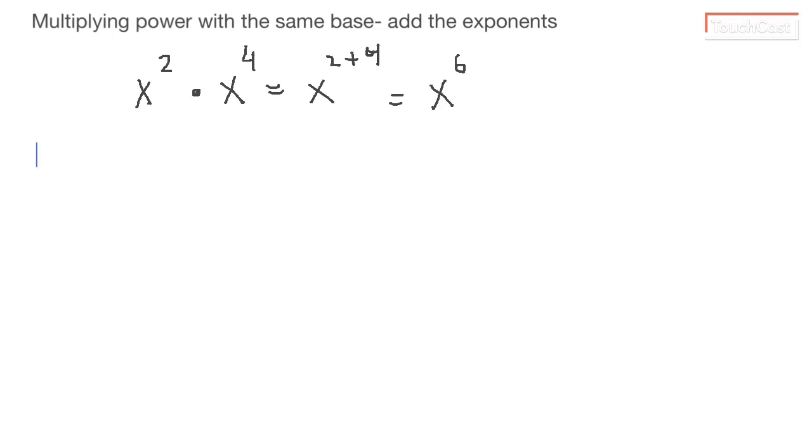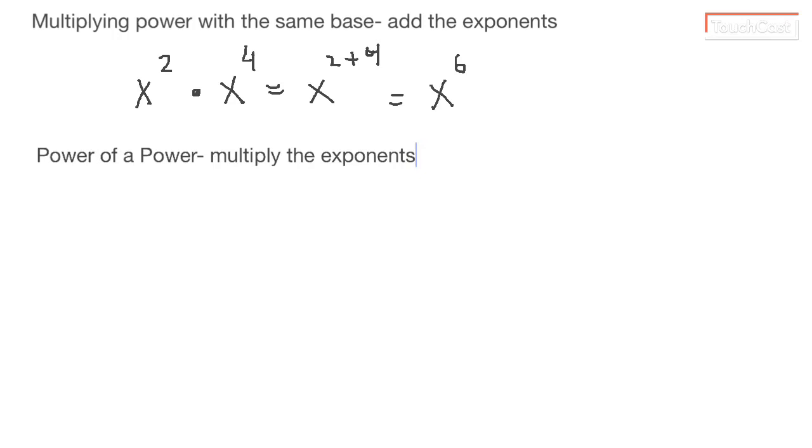Another exponent rule we need to know is, what do we do when we have a power of a power? What we're going to do is multiply the exponents. What does that mean?